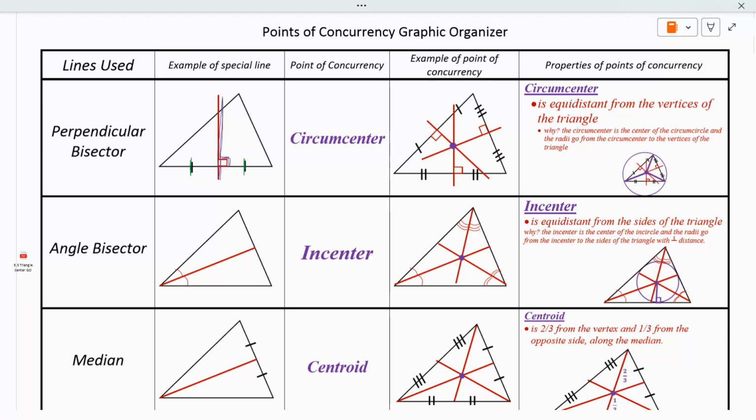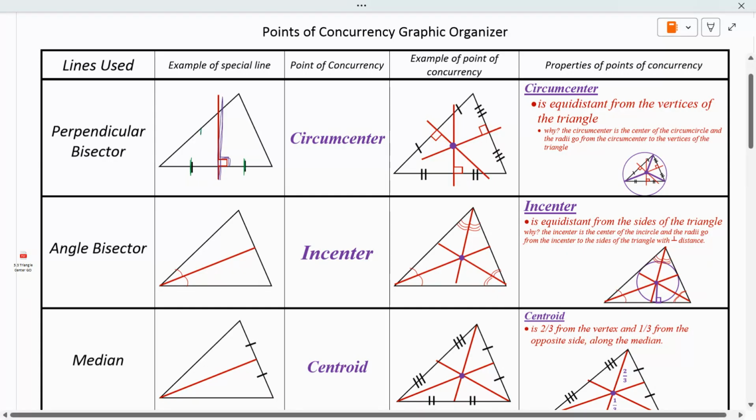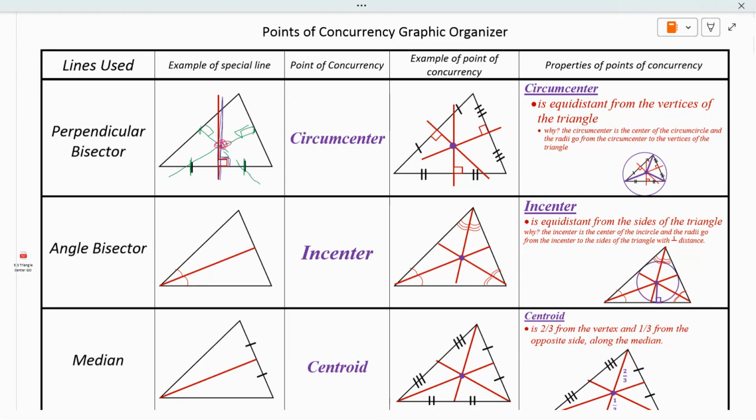If you have three perpendicular bisectors, so if I were to imagine that this was the middle of this line segment, and I were to draw a perpendicular to this line right here, and then find the midpoint of this side and draw a line perpendicular this way, I would see that the point where all three of those perpendicular bisectors intersect is called the circumcenter.